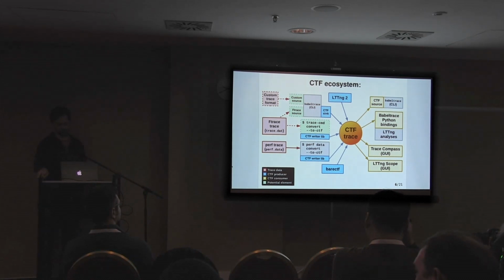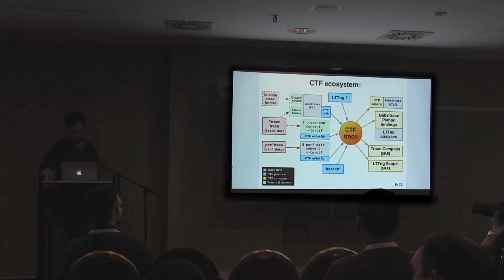So the benefit of having a common trace format is that you can use common tools to read a CTF trace, and common tools to produce it also. There are a few elements in this slide, but of interest maybe is that LTTng produces CTF traces natively, as you can see at the top.